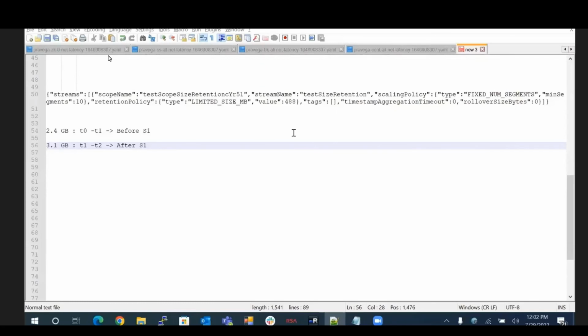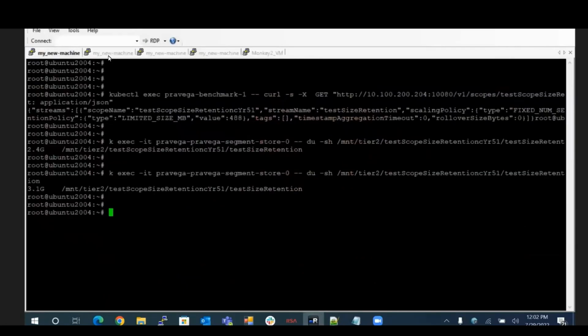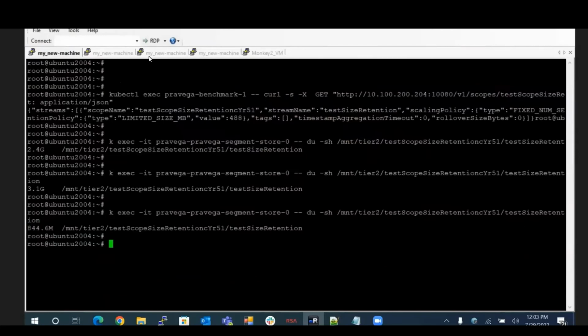So now the time has passed when the second stream cut has to be taken, meaning the second retention cycle has crossed over. So now we will see what is the new size of the records that is being held by this test retention stream under the scope. 844 MB.